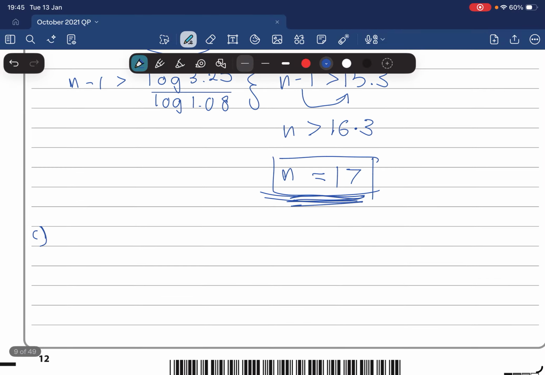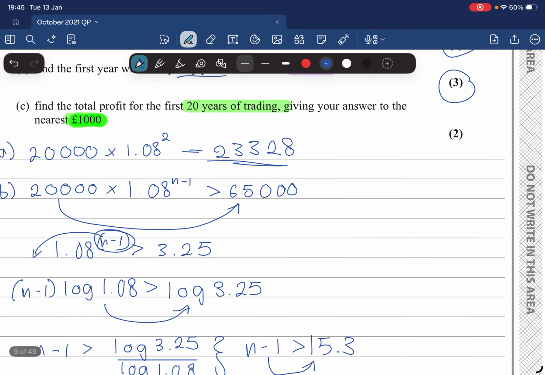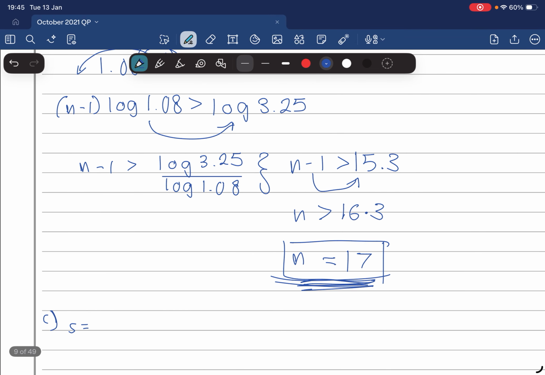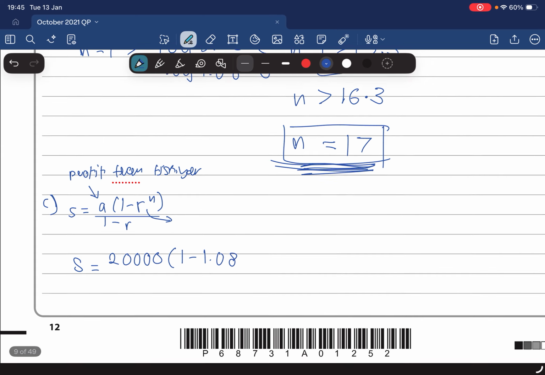Take my word with a grain of salt, it's not the most accurate information I'm sharing, but there is an equation: a times 1 minus r to the power of n, over 1 minus r. We sub in the values: 20,000, the profit from the first year, and 1 minus 1.08, that's the increase, and we put in the years.